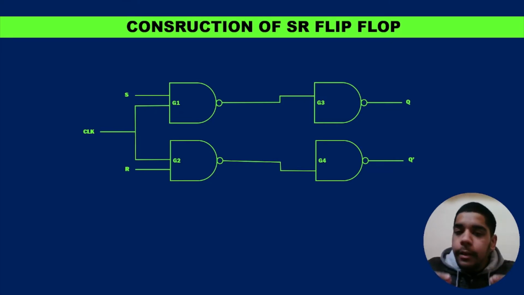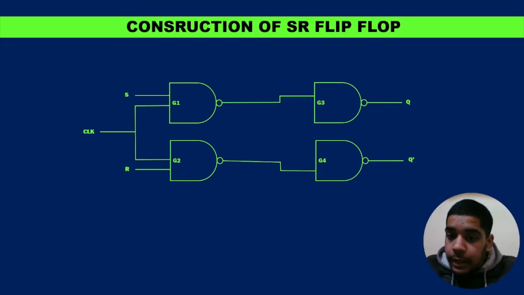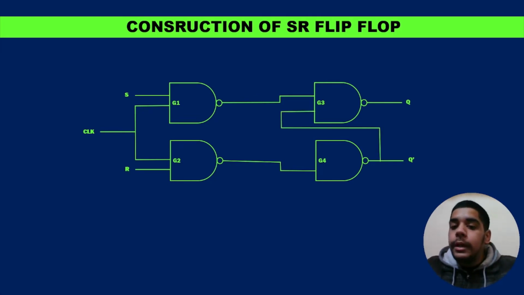Now the last and important point is that we have discussed in a previous slide that flip-flops are sequential circuits, and in sequential circuits we provide feedback. The feedback is what I'm going to show on the screen.